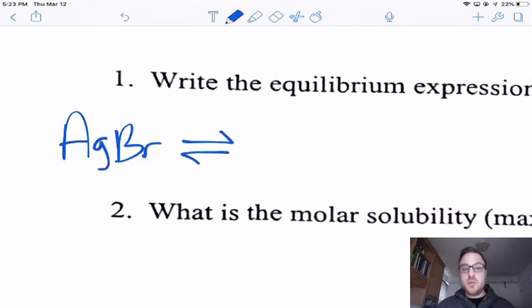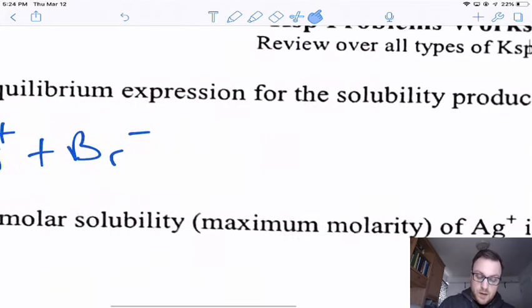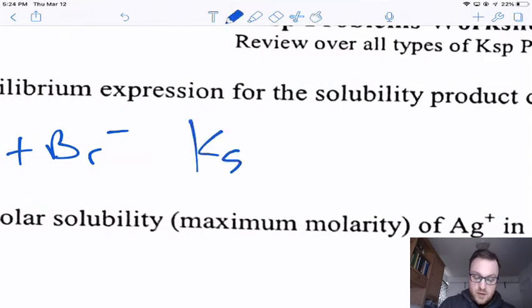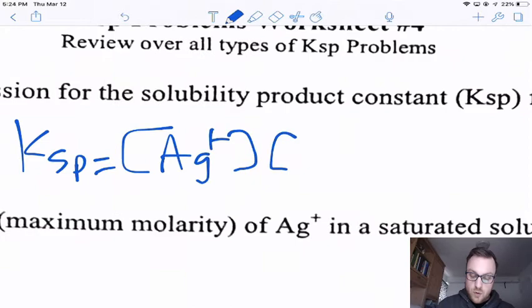It's going to reach equilibrium because most silver compounds are not soluble, especially the silver compounds with group 17, so AgBr, AgI, AgCl. It's a very weak electrolyte. So you put it in water and it's going to split into silver ions and bromide ions. So the KSP expression for this would be the concentration of your silver ions times the concentration of your bromide ions.